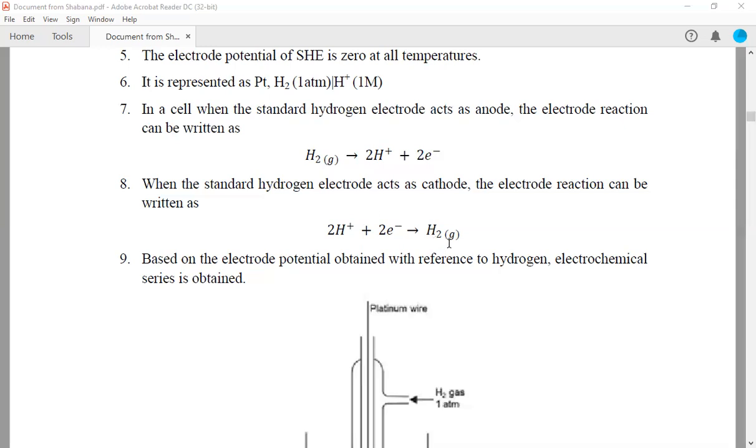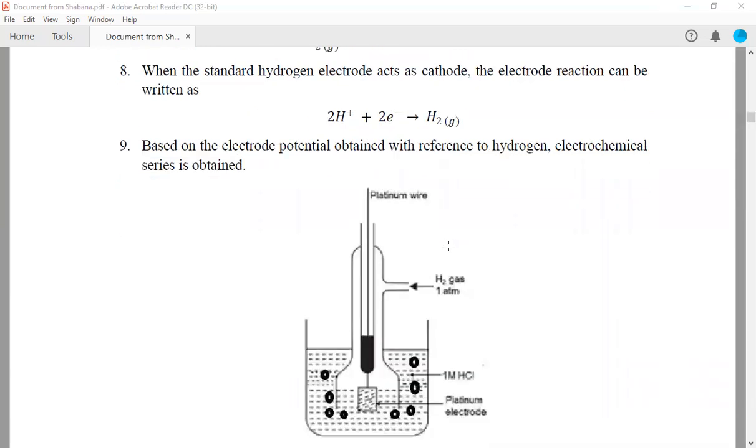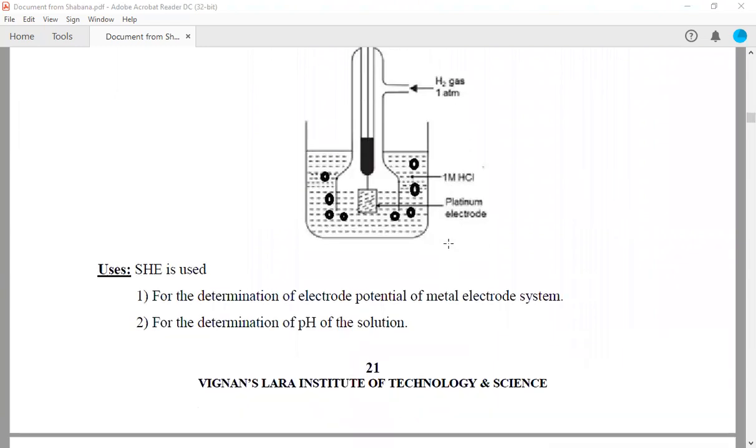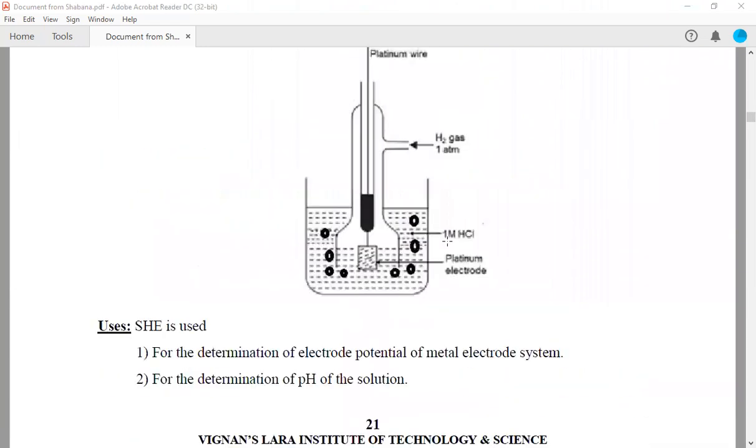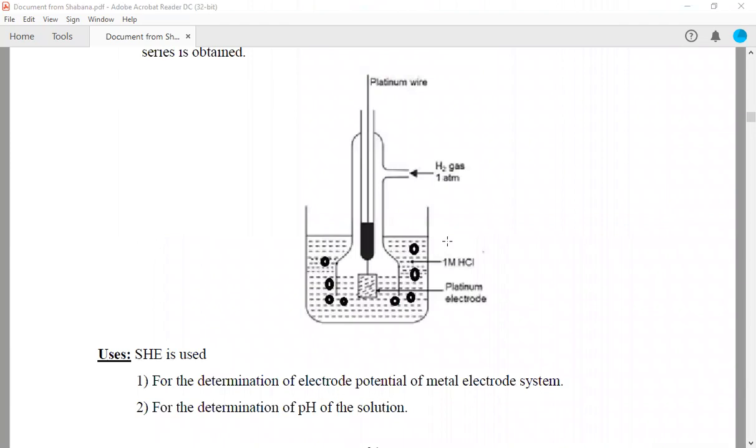The net overall reaction is 0. Based on the electrode potential obtained with reference to hydrogen, the electrochemical series is obtained. The standard hydrogen electrode is used for determining the electrode potential of metal electrode systems and the pH of a solution.